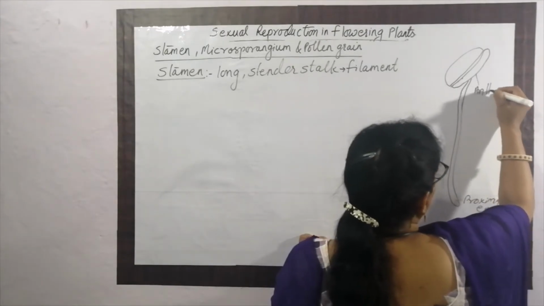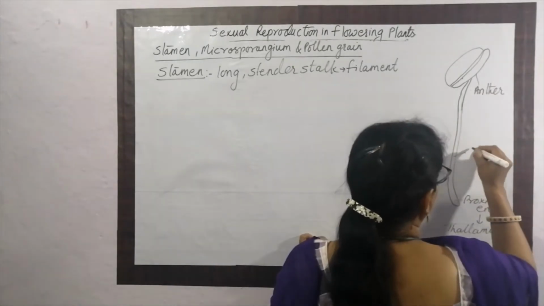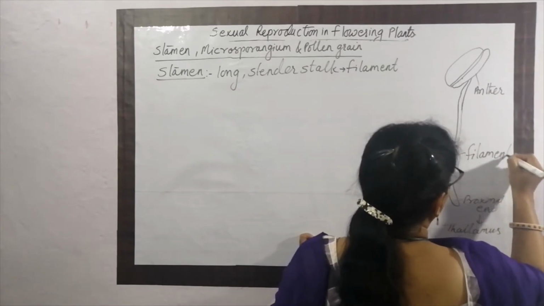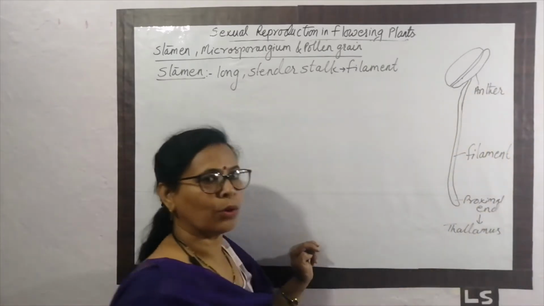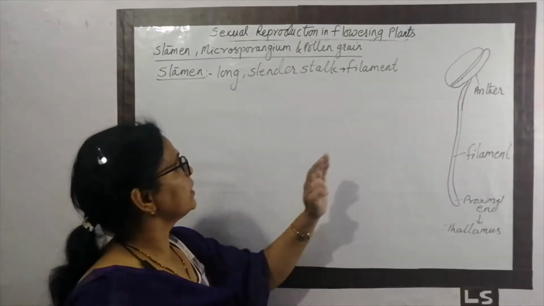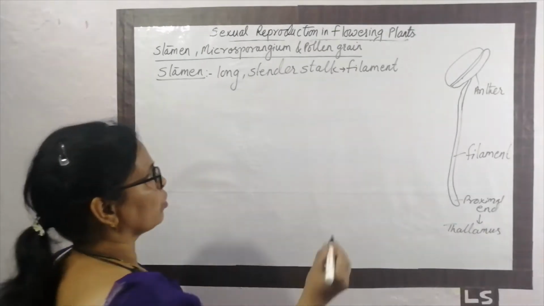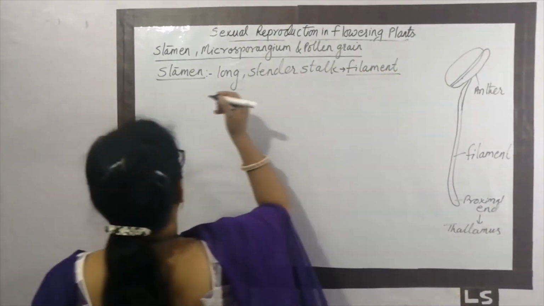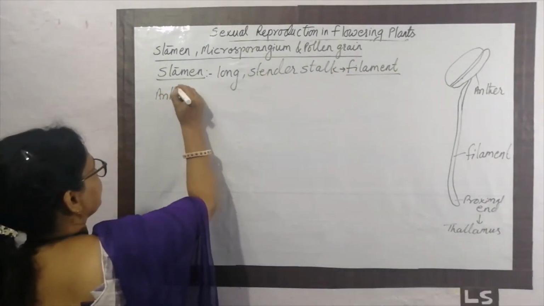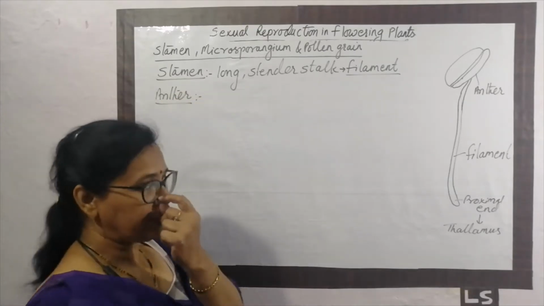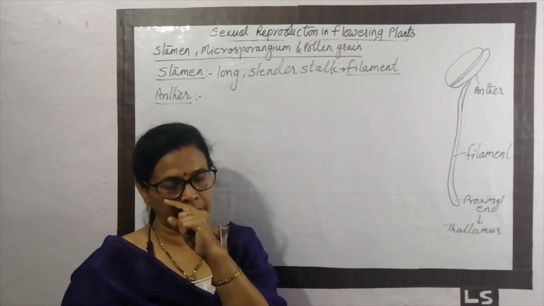This is the anther which is present at the terminal end, and this is the filament. Where the anther is joined with the filament is called the connective. So the stamen is made up of the long stalk called the filament, and one anther is present at the terminal end of the filament.